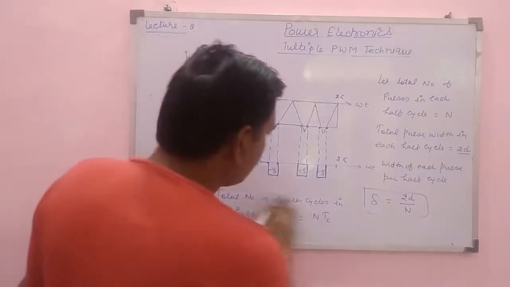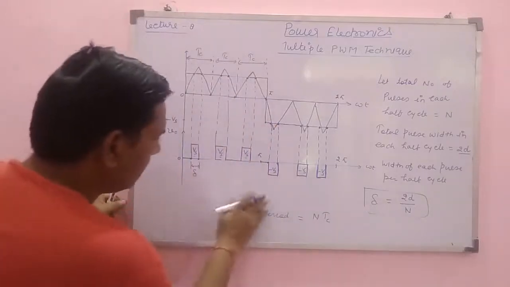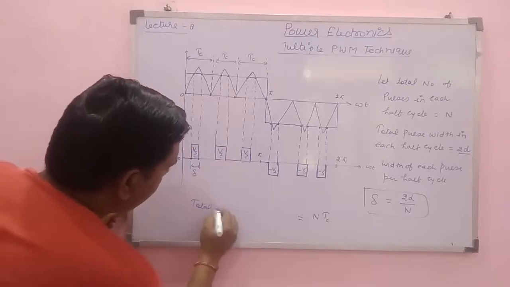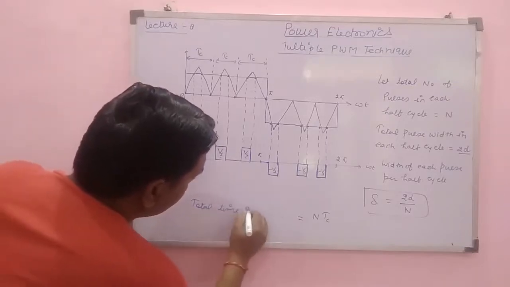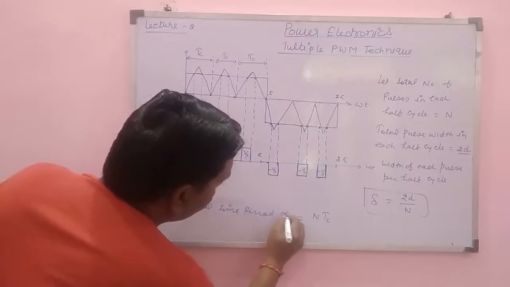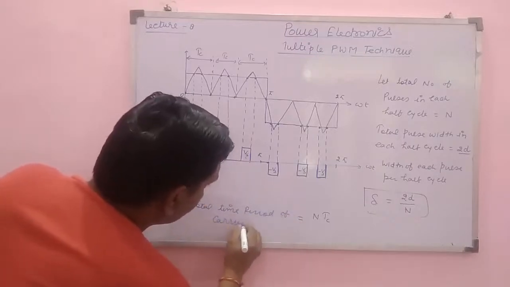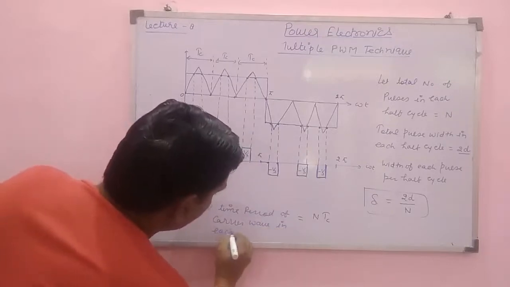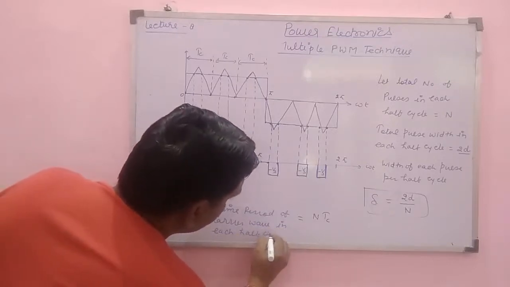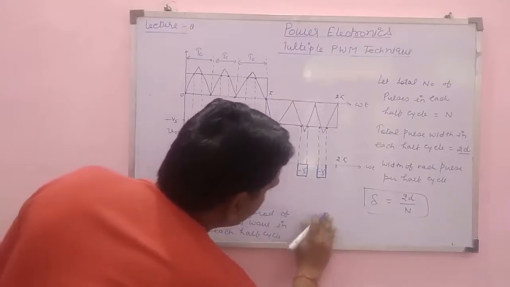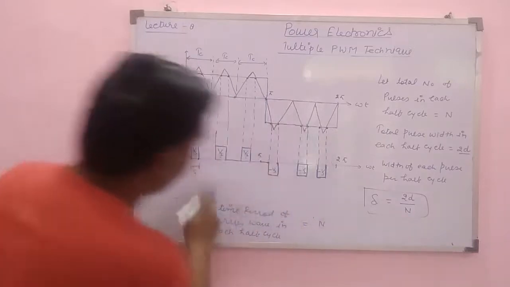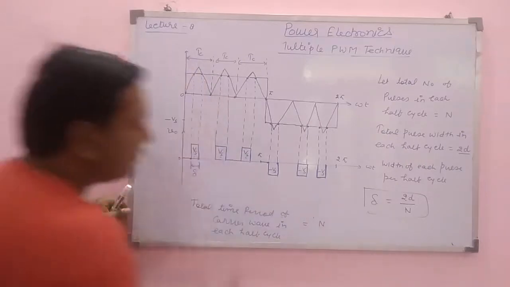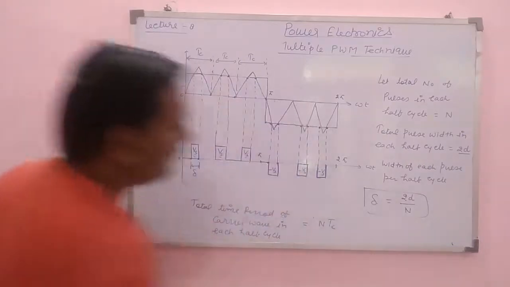Sorry, this is the total time period we can calculate. This is the total time period of the carrier wave in each half cycle. It will be equal to, the number of cycles is n and the time period is Tc, so it will be equal to n Tc.